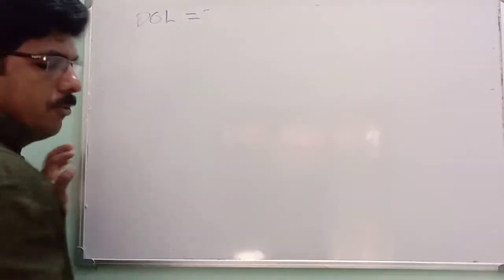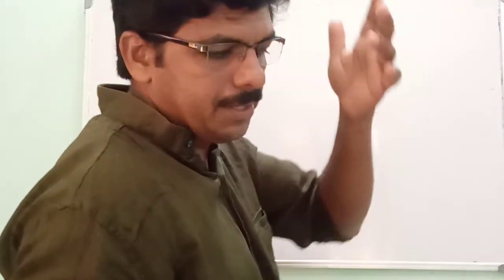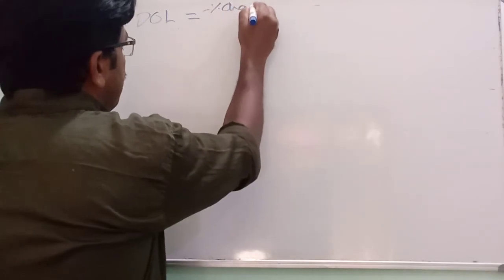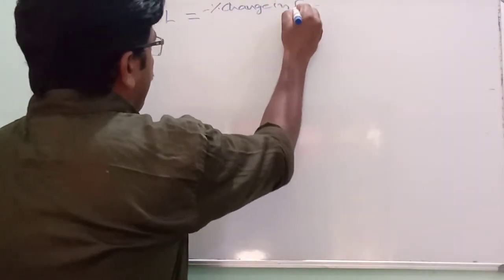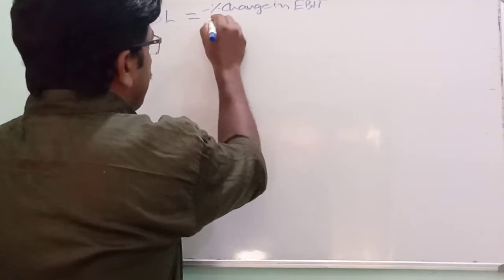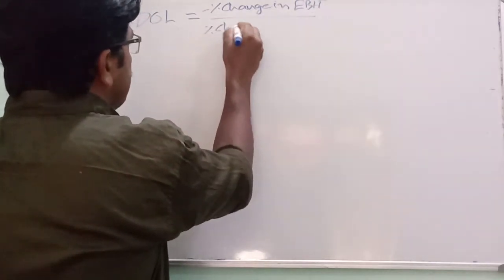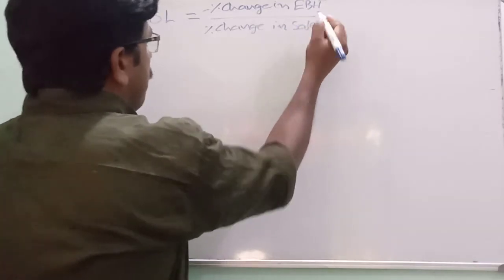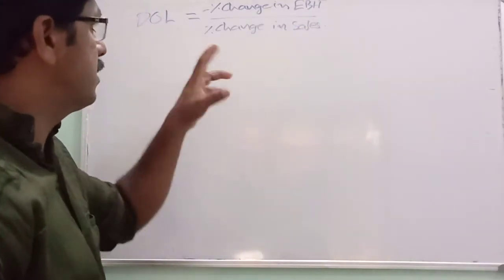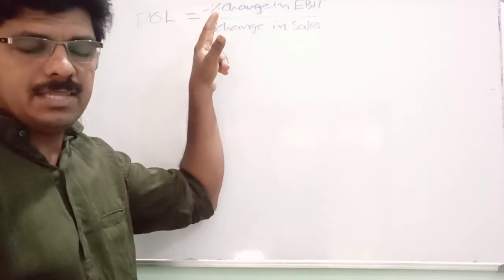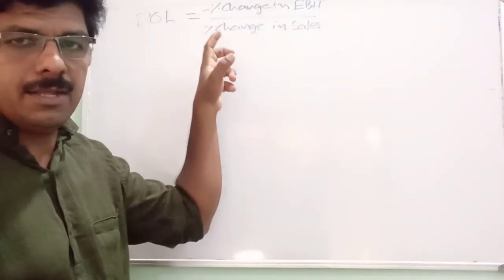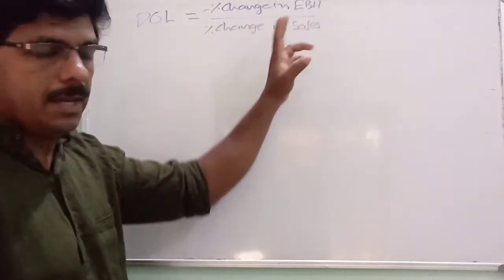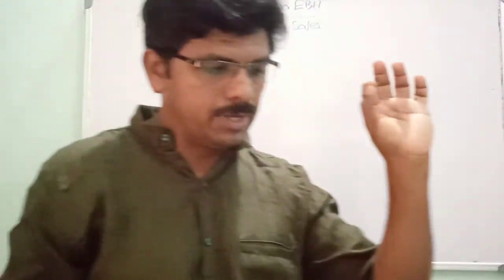DOL is equal to percentage change in EBIT divided by percentage change in sales. To calculate DOL, first we compare the percentage change in EBIT, that is, see the difference.